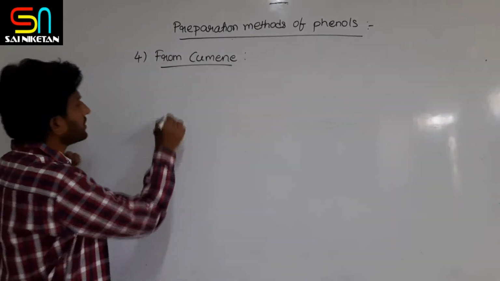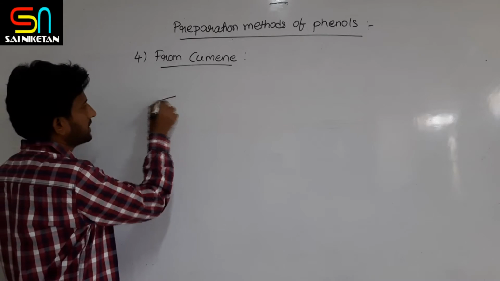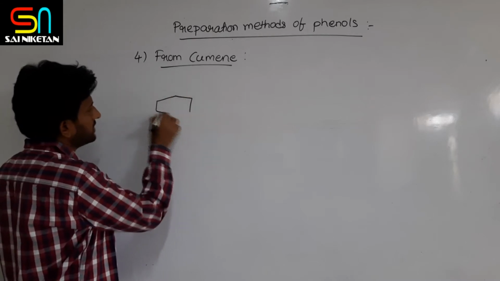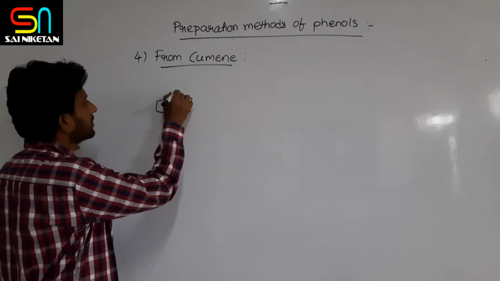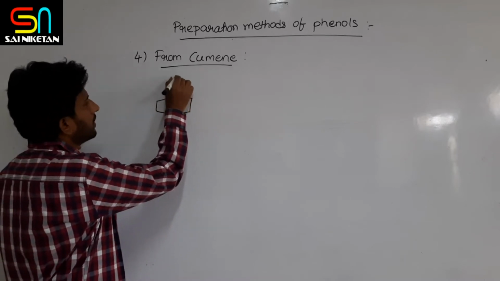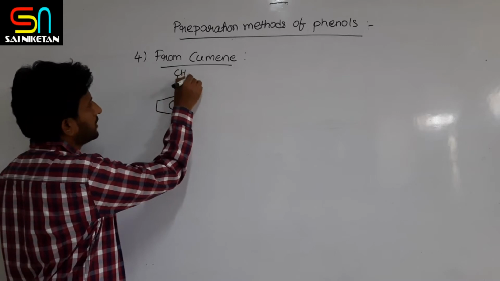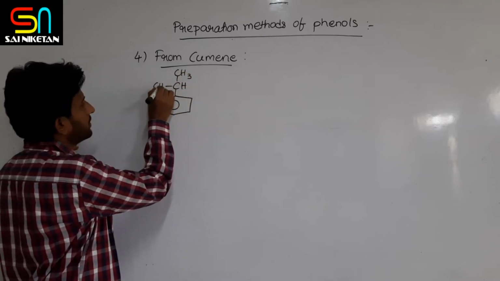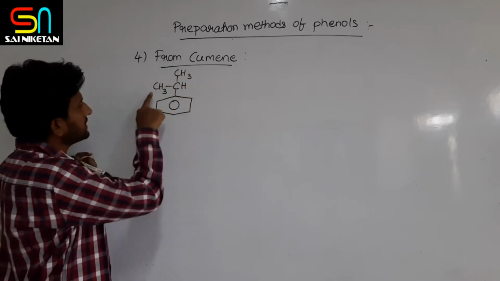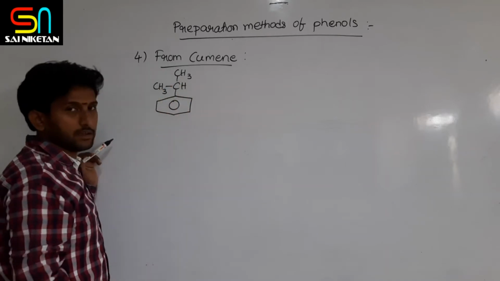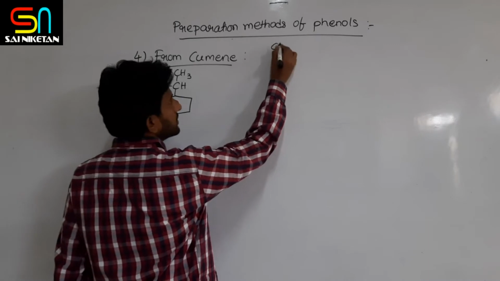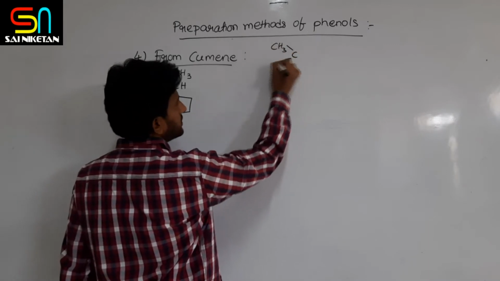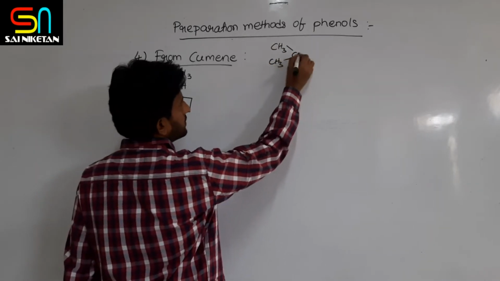Now cumene, I am writing the structure first. Benzene ring with isopropyl group. See, I have written CH3 CH3 isopropyl, right? So this is like CH3 C CH3 CH.